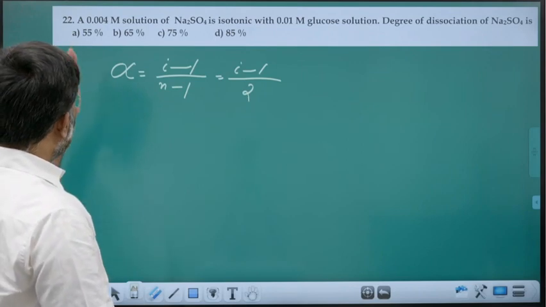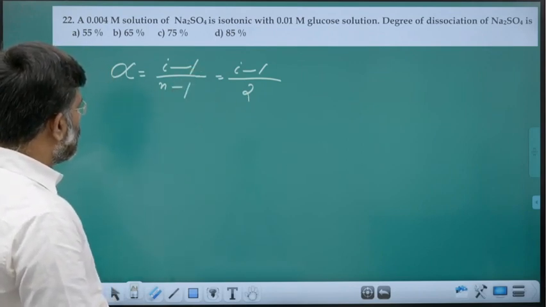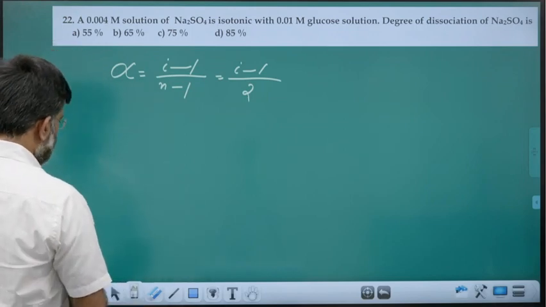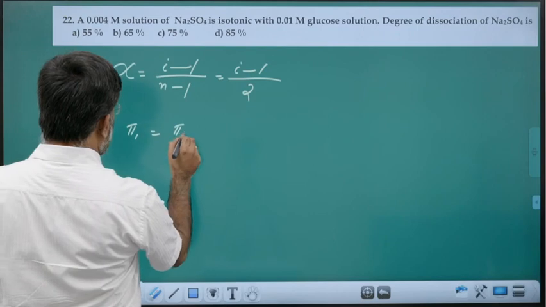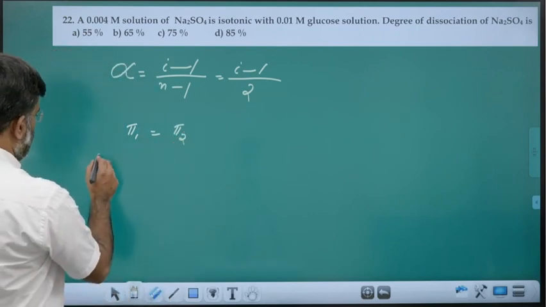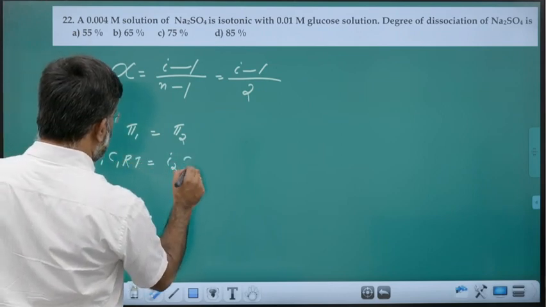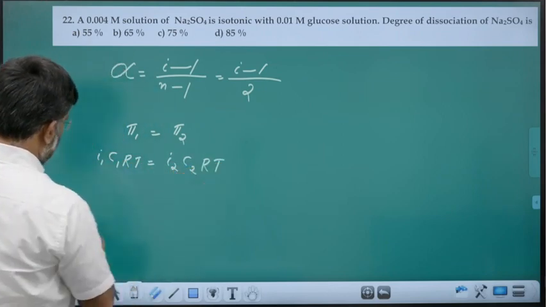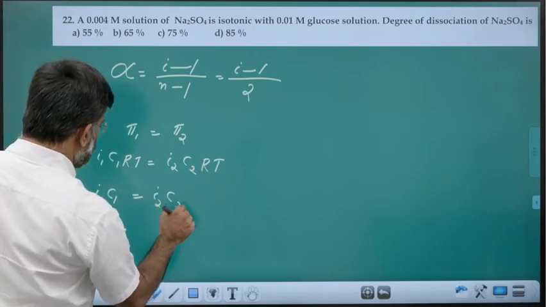Right? Now you can get degree of dissociation once you get i factor. The i factor you can easily evaluate. It is given pi 1 is equal to pi 2. That is i1 C1 RT is equal to i2 C2 RT, that is i1 C1 is equal to i2 C2.